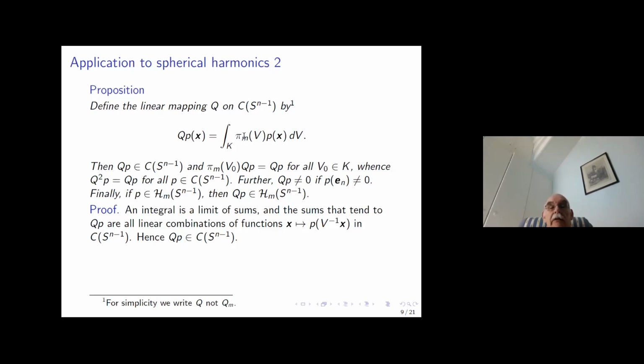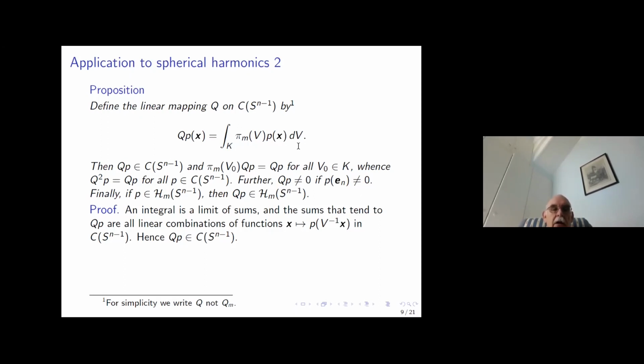And then I'm going to integrate pi V, this rotated version of P, using the Haar measure on the group. This is something that the Haar measure allows me to do.